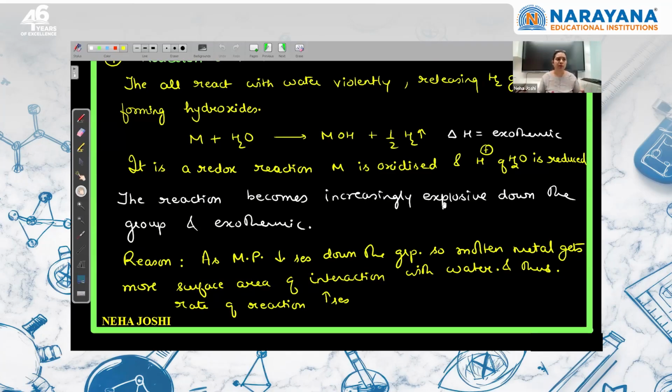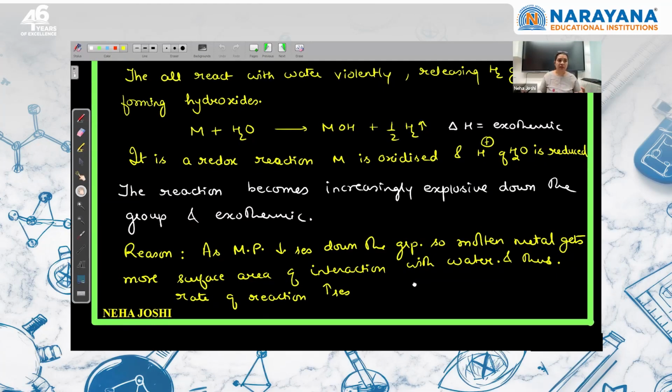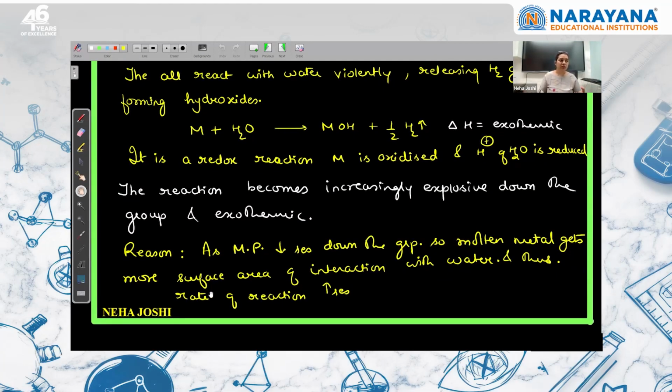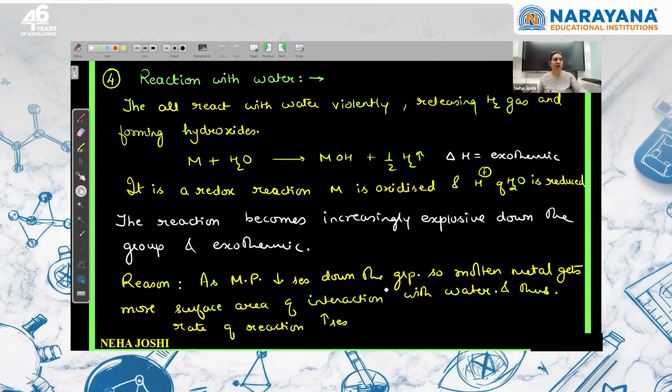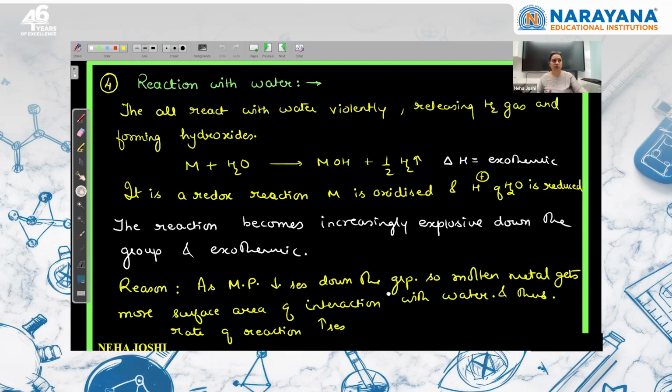Down the group, it becomes explosive and exothermic. As the melting point decreases down the group, what happens? They come into contact with water more easily and thereby the reaction rate increases. So they melt on the surface of the water and the reaction becomes faster and faster down the group.